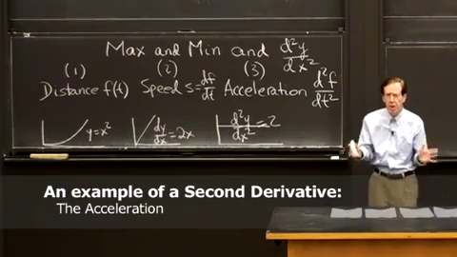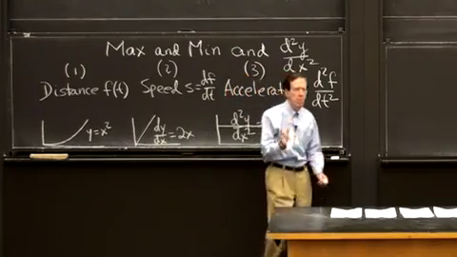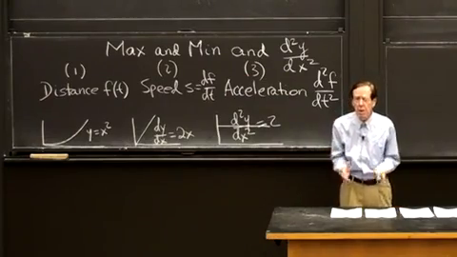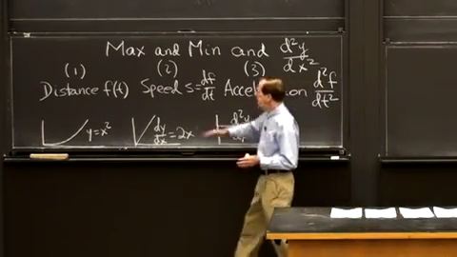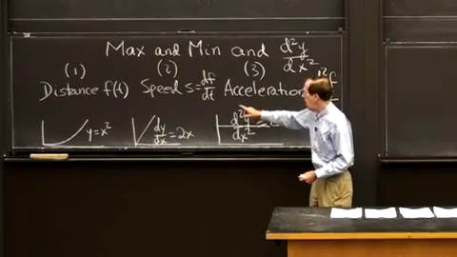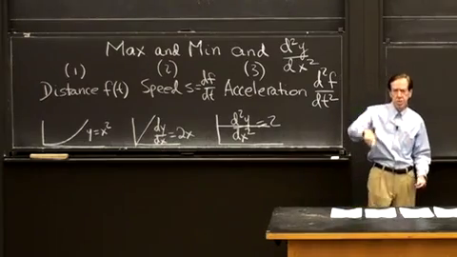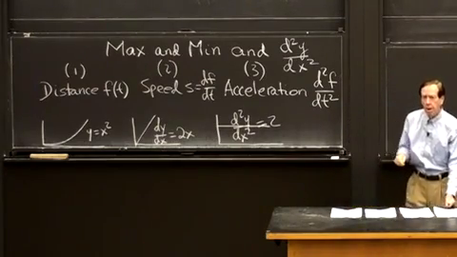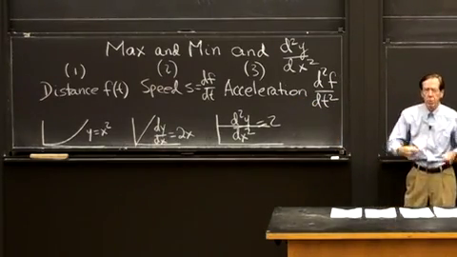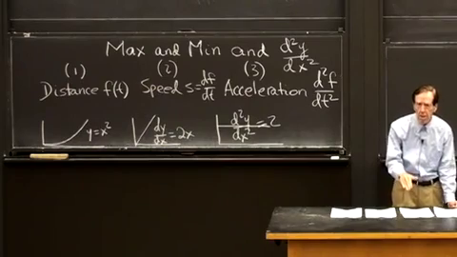The big picture of calculus started with 2 functions, the distance and the speed, and we discussed in detail the connection between them: how to recover the speed if we know the distance. Take the derivative. Now comes the derivative of the speed, which in the distance, speed, time language, the second derivative is the acceleration, the rate at which your speed is changing, the rate at which you're speeding up or slowing down.